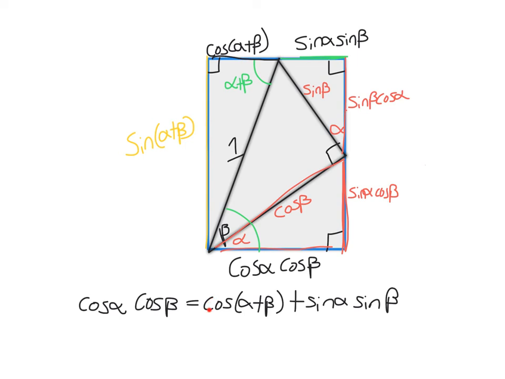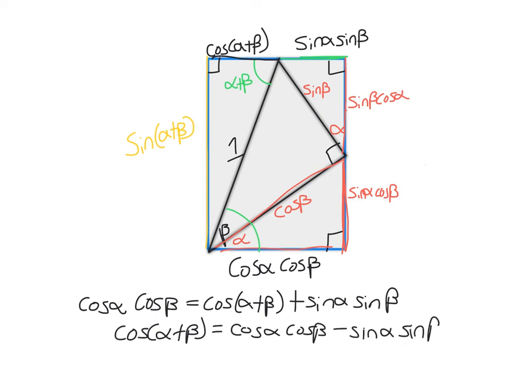So I can make this the subject of the equation by just subtracting sine alpha sine beta. If I do that, I get cos of alpha plus beta is equal to cos alpha cos beta, and I've subtracted from both sides sine alpha sine beta. So that's proved this equation which we saw on the previous slide.